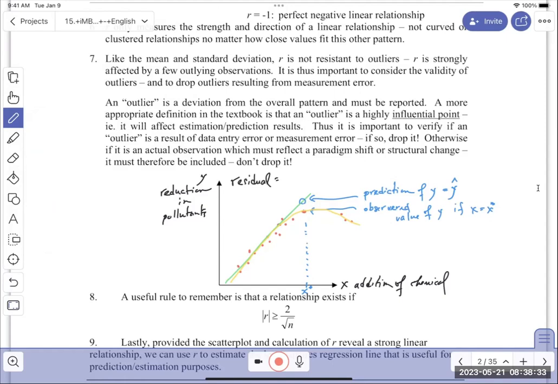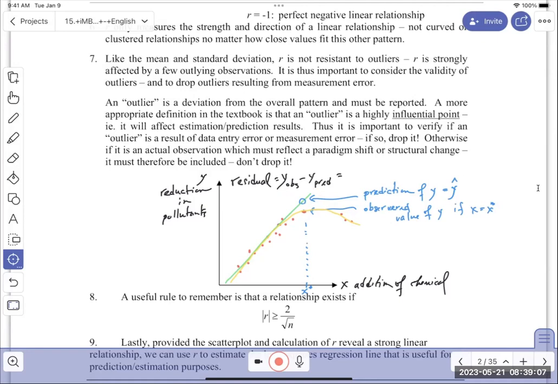And the residual is equal to the observed Y minus the predicted Y. The way I always remember this is in statistics, we often write things in alphabetical order, like our symbols. And so it's observed minus predicted, O comes before P. And I guess in Spanish it's the same, observado. How do you say prediction? Estimado, so it doesn't work.